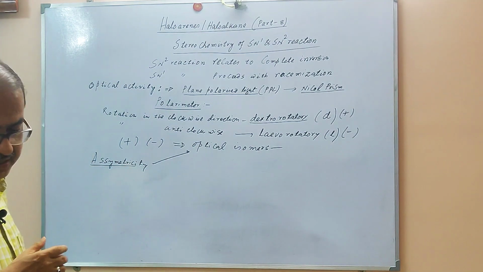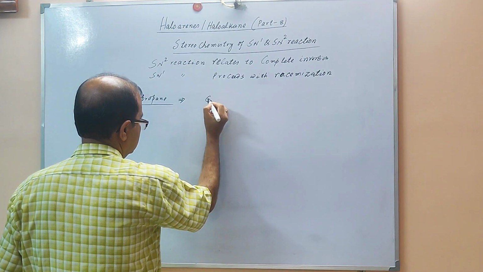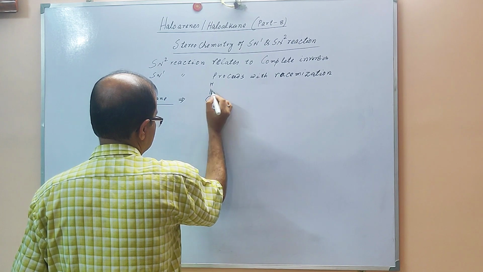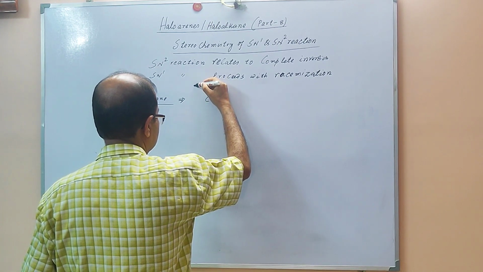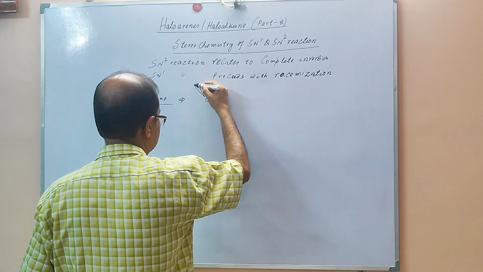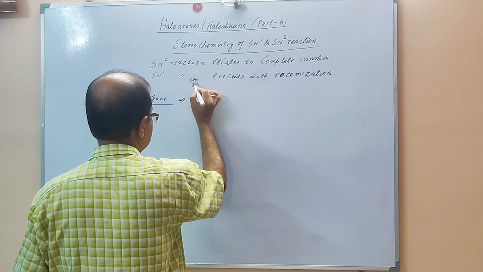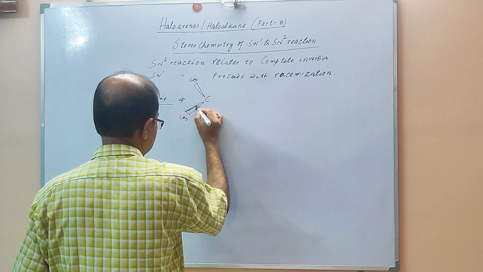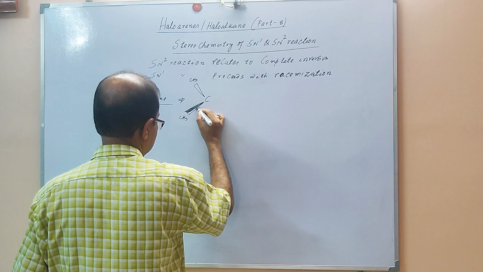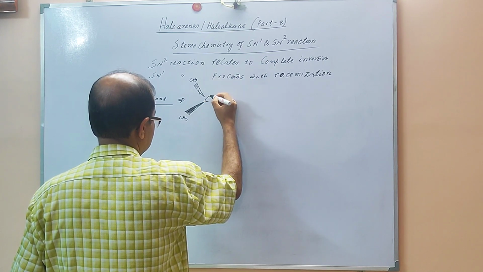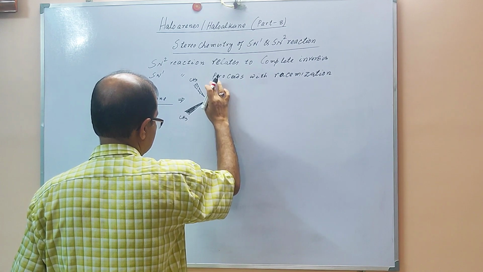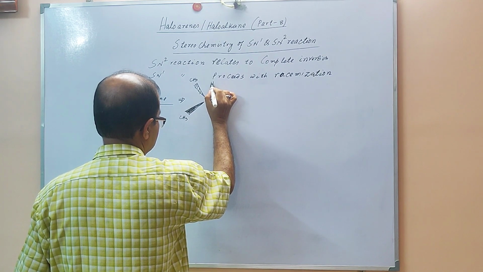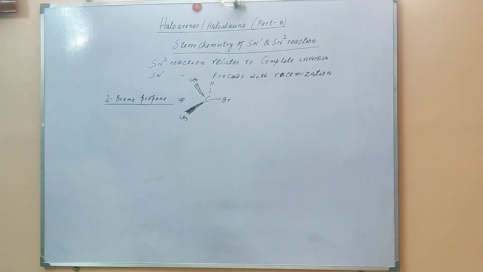As an example, this is the structure of 2-bromopropane.